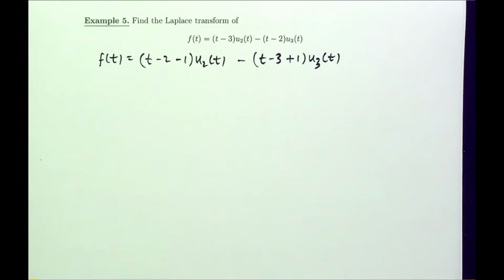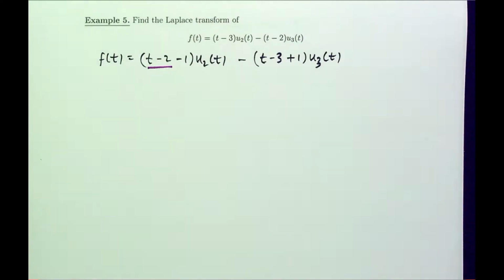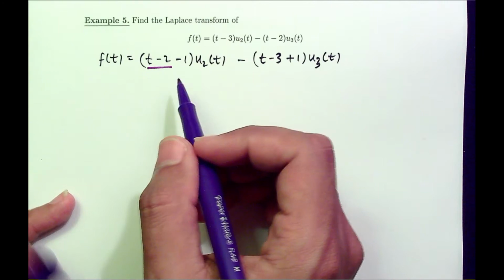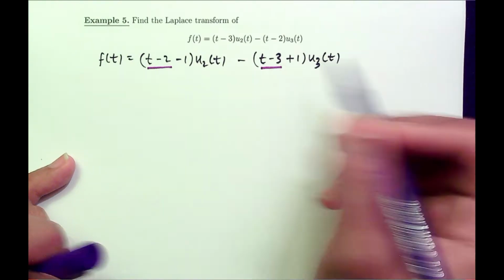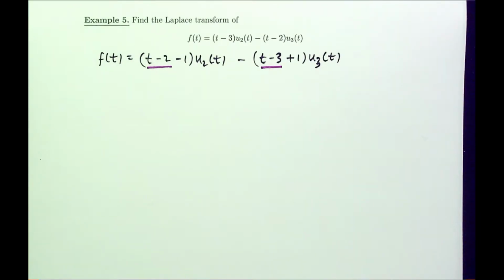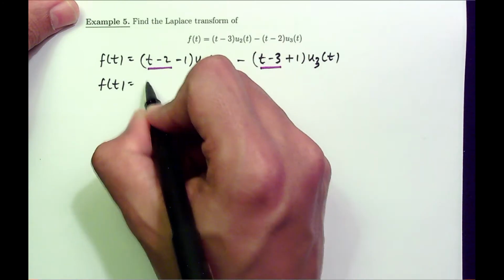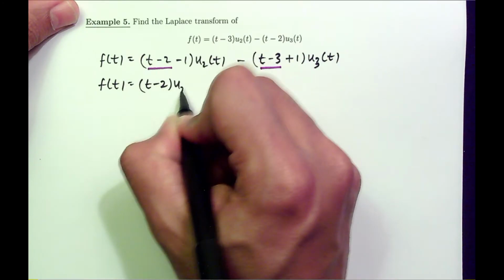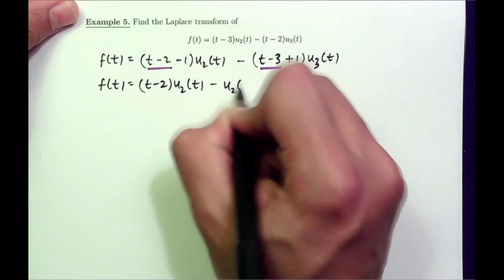Okay, now we're going to distribute. We're going to think of t minus 2 as an entity that is inseparable; we're not going to separate it because we want it to stay like that, so we can use the formula. And similarly here, the t minus 3, we have to treat as a single entity when we distribute. So now, let's distribute. u2 times that would be t minus 2 u2t, and then distributing into the minus 1, it would be minus u2t.